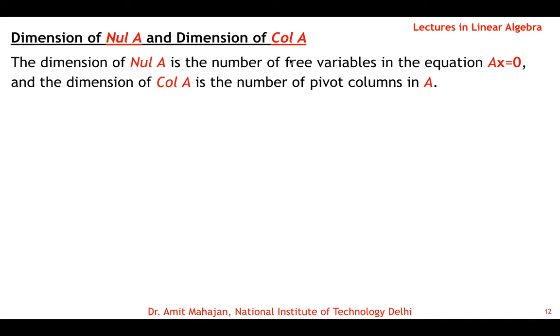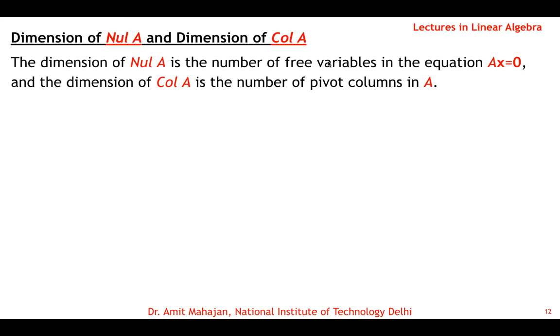If you know how many non-pivot columns there are, because non-pivot columns are linked with free variables, that many will be the dimension of null space A, because we are going to get that many vectors in the basis of null space A.